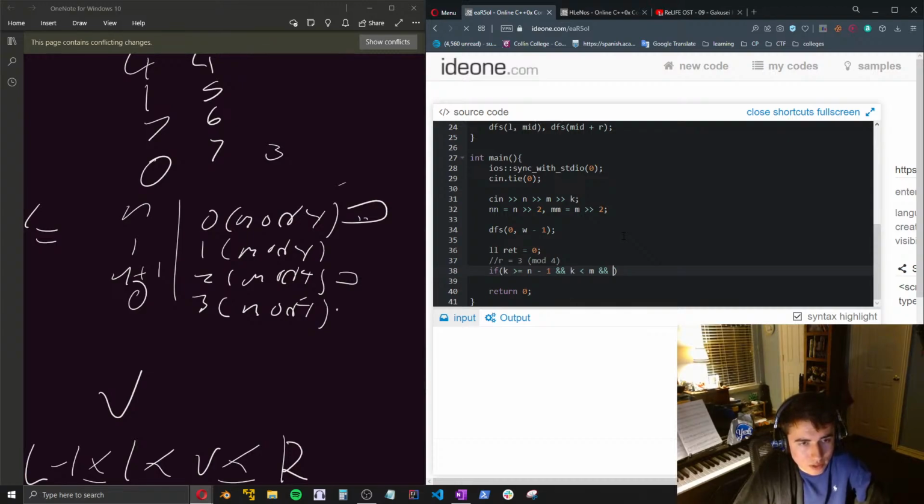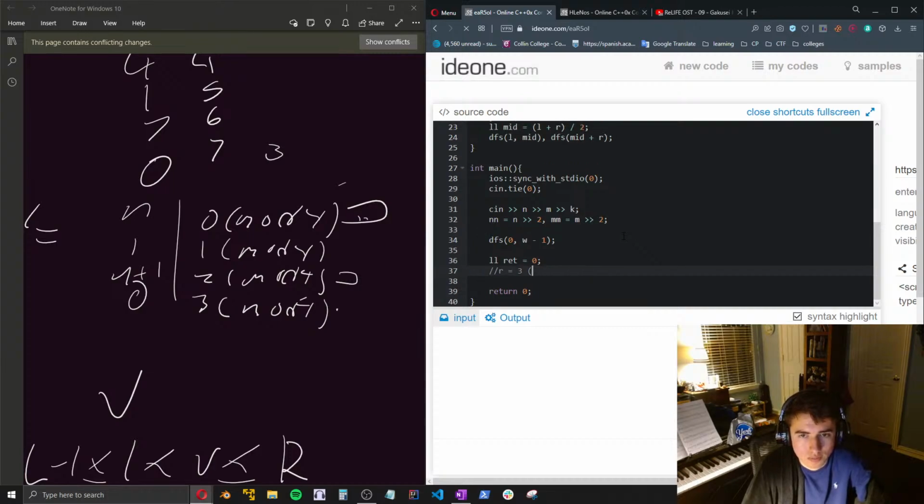how should we iterate over the cases efficiently? Should we just like casework it all out? Ugh, that's 4 times 4. That's like 16 cases.